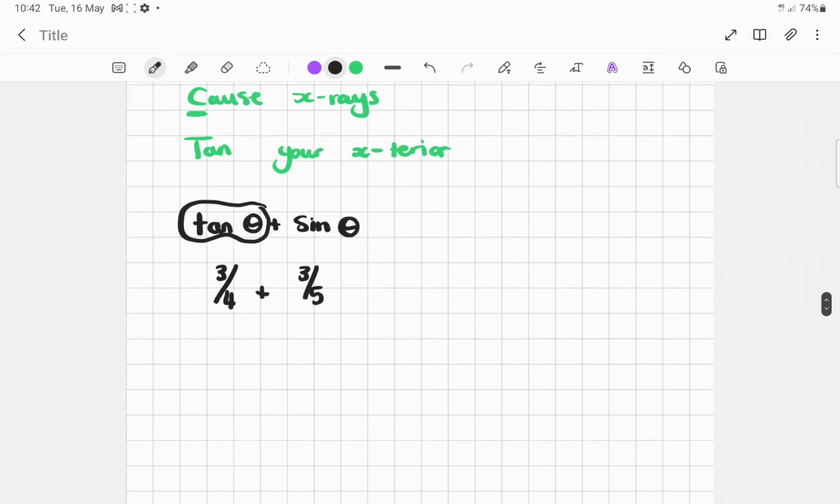Tan is 3 over 4, and sine is 3 over 5. You are more than welcome to pop that into your calculator, we don't care if you use your calculator or not. So 3 over 4 plus 3 over 5 gives you 27 over 20, and you can leave your answer in fraction form.